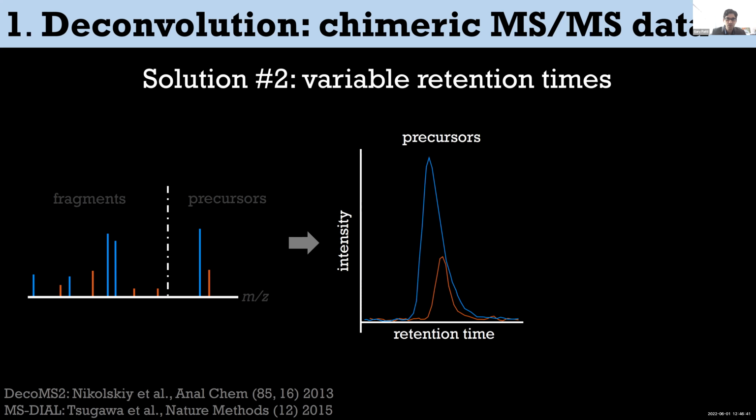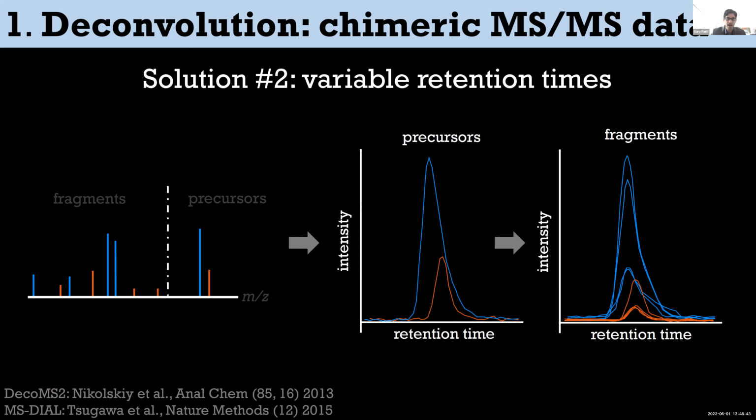And therefore, if we look at these different fragments, the blue fragments and the orange fragments, they too should have slight differences in elution. So if you do a correlation comparison between the fragments and the precursors, we should see strong correlation between these precursor-product pairs for the orange and the blue.